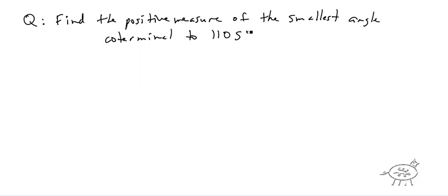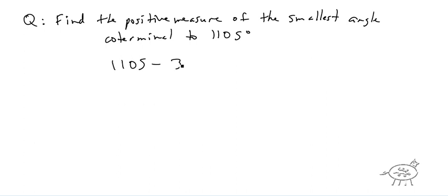Okay, so basically what you're doing here, math fans, is you're saying 1105, and you've got to keep subtracting 360, because I'm looking for the positive measure of the smallest angle coterminal. So you keep subtracting 360 until you get the smallest value before you go negative.